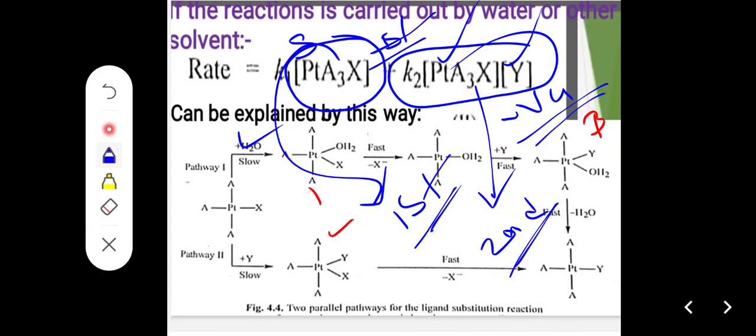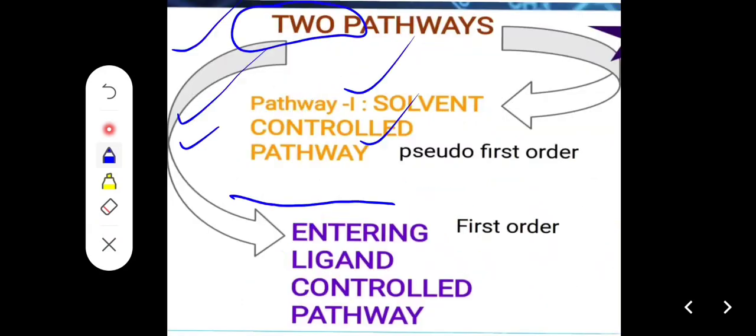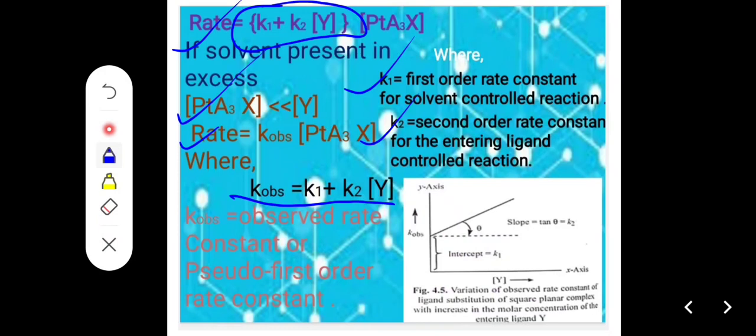So k1 is the first order rate constant for the solvent control pathway, because it only depends on the initial complex concentration, and k2 is the second order rate constant, which depends upon both the entering ligand and the initial complex concentration. We can reduce k1 + k2[Y] to k observation. In this way, we can say rate equals k_obs [Pt(A3X)], and this k observation only depends on the initial complex concentration.